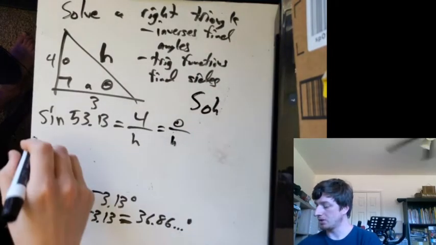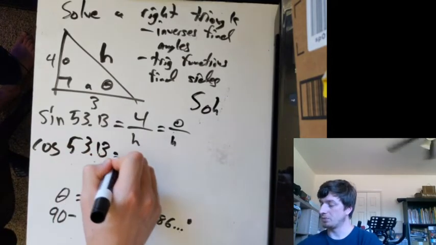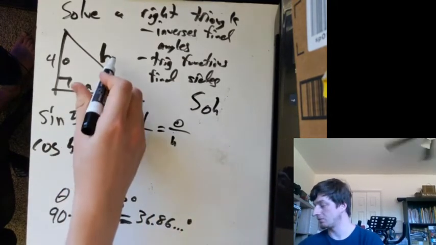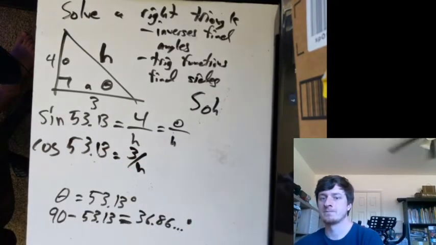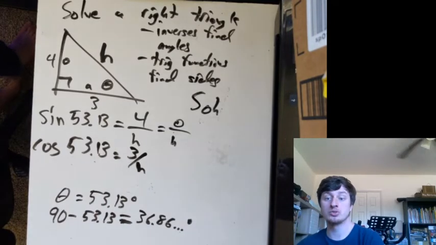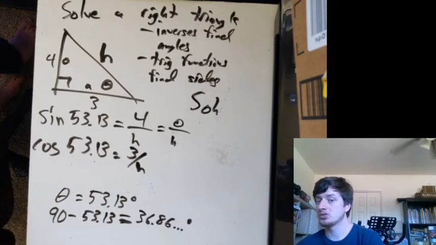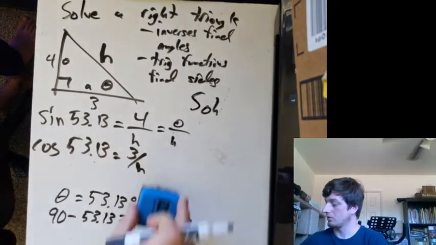We could do cosine of 53.13, which is going to be the adjacent side over the hypotenuse. That's going to be 3 over h. Or tangent doesn't work, it doesn't use the hypotenuse. So you'd use one of those, and then you just need to solve for the variable. So let's use the sine one here.